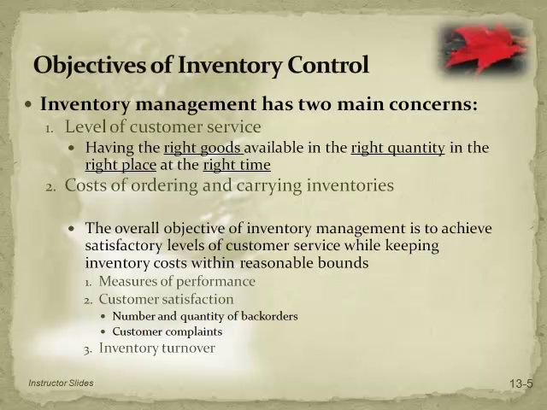But there are some costs associated with doing that. The two primary costs that we'll study in this chapter are the cost of ordering materials if we're buying something from someone else, and also the cost of carrying that inventory.